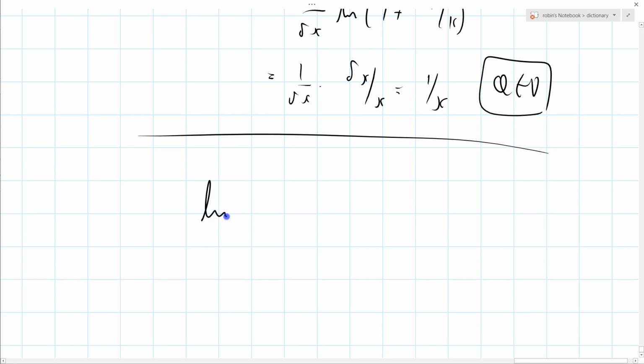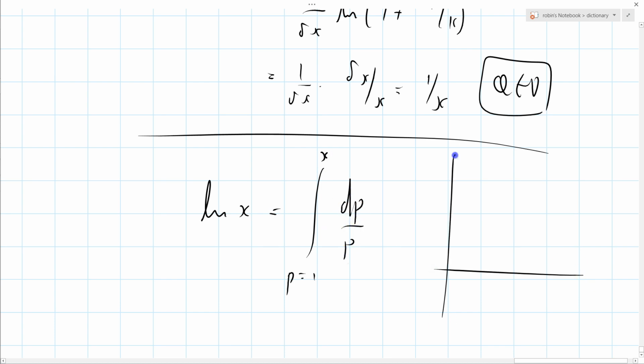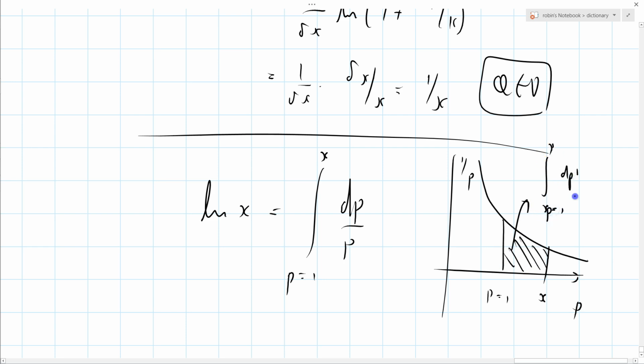Another way is to define log x as the integral from p equals 1 to x of dp over p. So if we have a little graph of p against 1 over p, it looks like that. There's 1 there, and that's x. So this area here equals the integral from p equals 1 to x of dp over p, and that equals by definition log x.